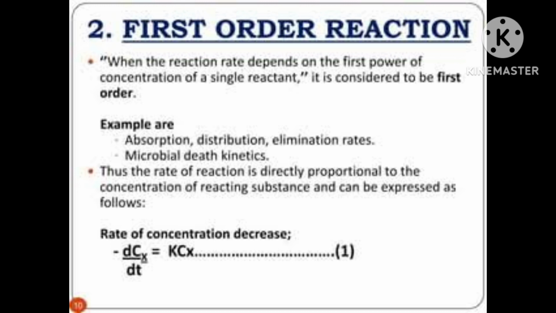Zero order means it is not depending upon the concentration of reactants. A question is asked: the rate of reaction is independent of the concentration of reactant for the 0 order.